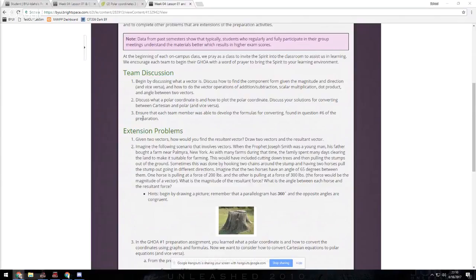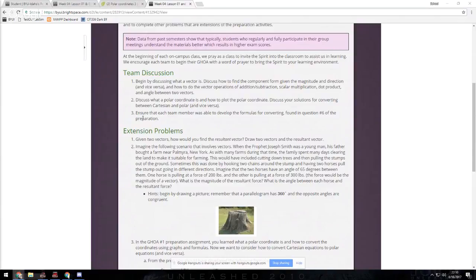Now, polar coordinates. So polar coordinates are written as r and theta, so normally it's your magnitude and your angle. Sometimes all you're given is a magnitude, and it creates a polar circle.